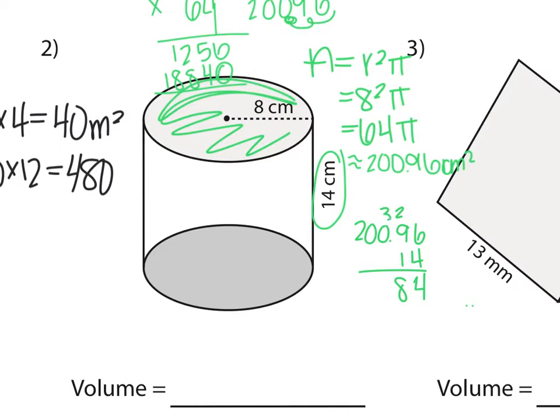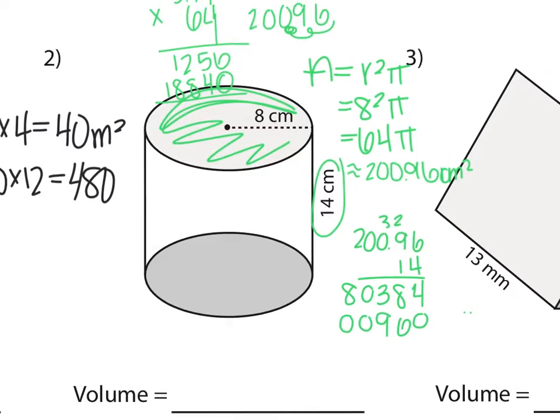Carry the 3. 4 times 0 is 0, plus 3, 4 times 0 is 0, 4 times 2 is 8. Then we have a 0, because now we're doing our tens place. 1 times 6 is 6, 1 times 9 is 9, 1 times 0 is 0, 1 times 0 is 0, and 1 times 2 is 2.